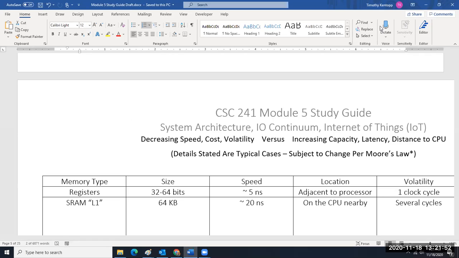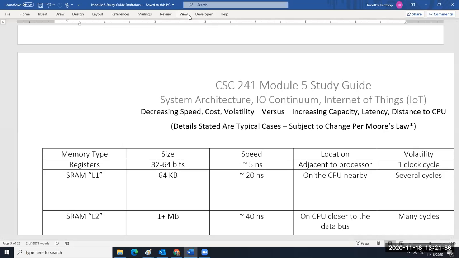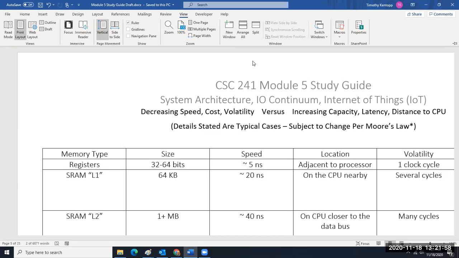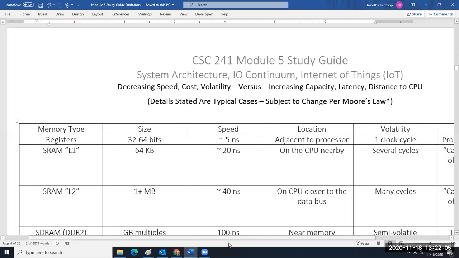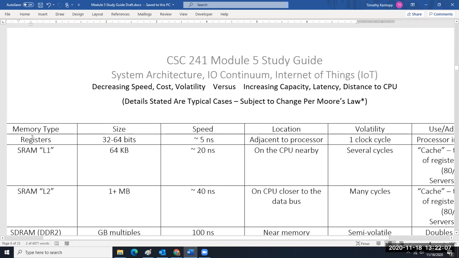Okay, so when we talk about latency, we're really talking about the amount of time something takes to get to the CPU. We have a table here in your study guide, and it talks about the memory register, the memory type, right? So this is system architecture, and this has to do with types of memory.